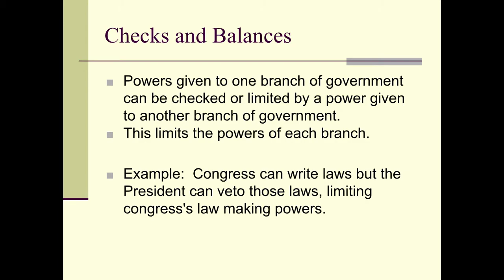I'll give you another. The president appoints federal judges. So let's say a Supreme Court justice passes away and the president appoints a new judge. Okay, that's the president's power. Only he or she can do that. However, that judge does not take office if the Senate rejects him. And the Senate is part of the legislative branch. So the legislative branch, or the Senate in this case, has what we call confirmation power.